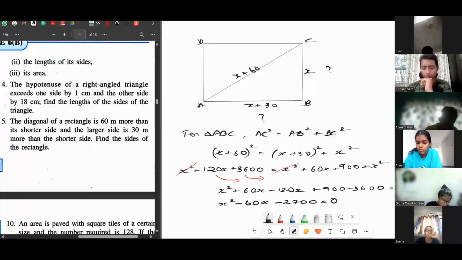This is your quadratic equation. X square minus 60x minus 2700 is equal to 0.